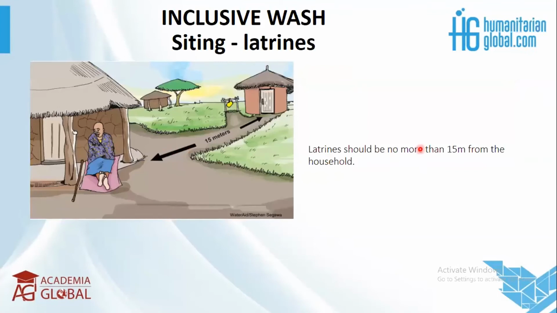Also in terms of siting, as I talked about before, let's say, for example, it's about people who are a bit old and not able to walk long distances. So in terms of siting, you should make sure that where you site the latrines, even for older persons, they should be not more than 15 meters from the household.